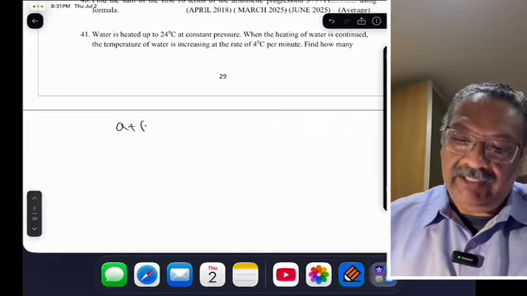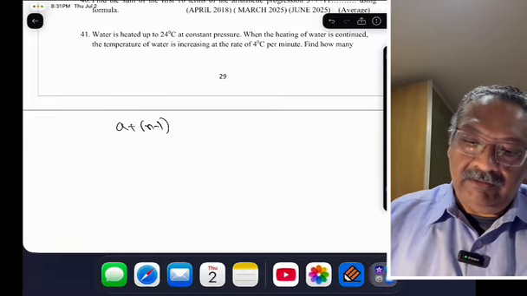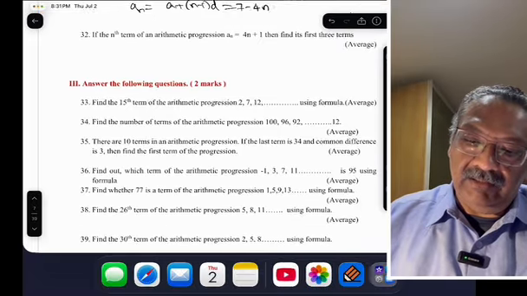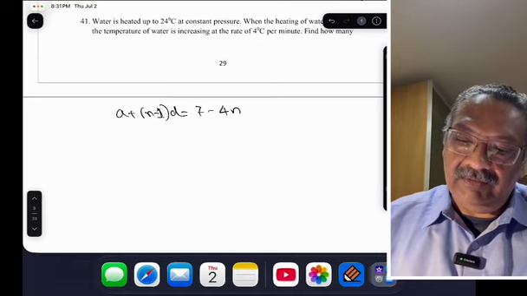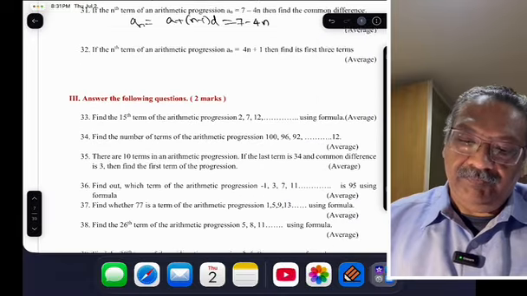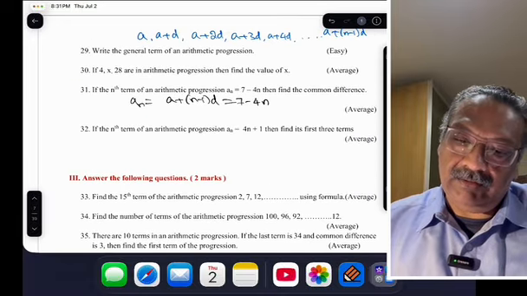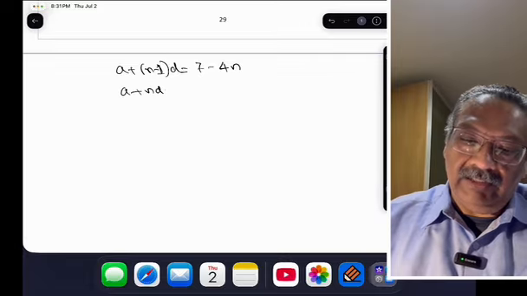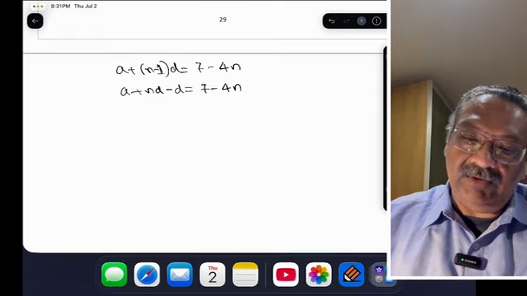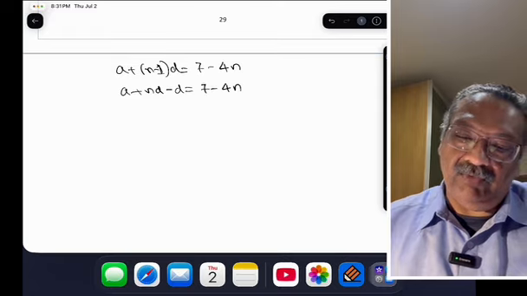We have got a plus (n minus 1)d is given as 7 minus 4n. So, a plus nd minus d is equal to 7 minus 4n.